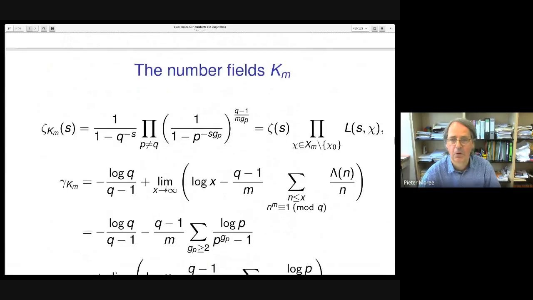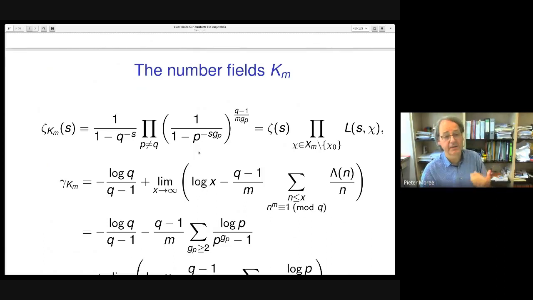And so I can say a little bit more about this field K_m that comes into the picture. So you can write down a factorization of the Dedekind zeta function. So this reflects basically how primes split in such a field. So in the field K_m, the primes that satisfy p to the power m is congruent to 1 mod q are the ones that split completely.